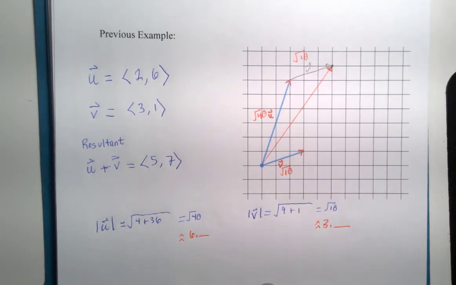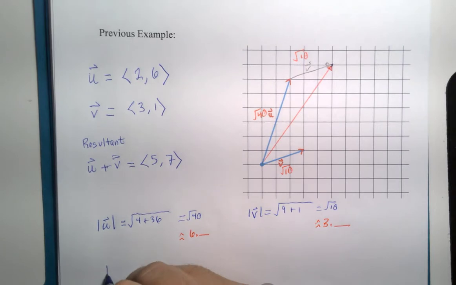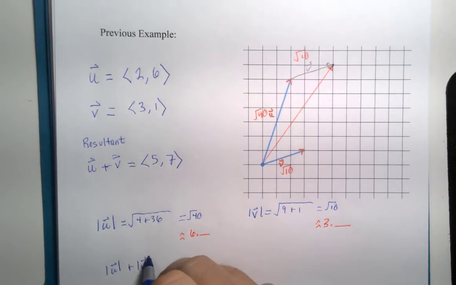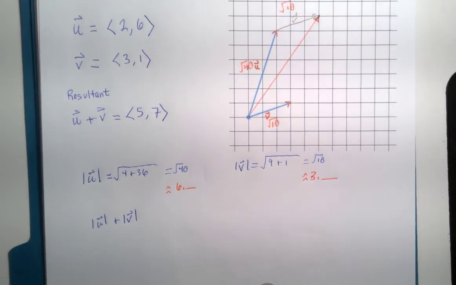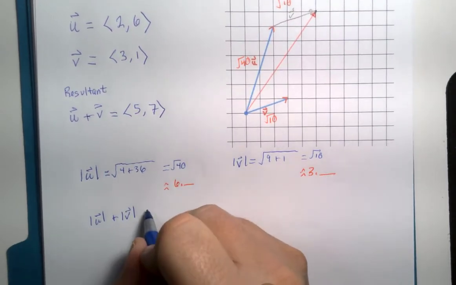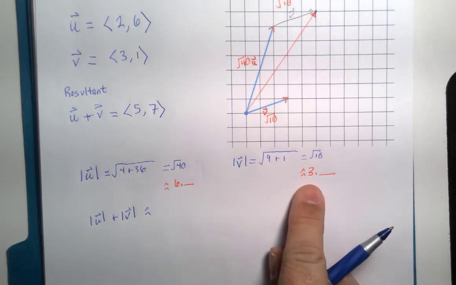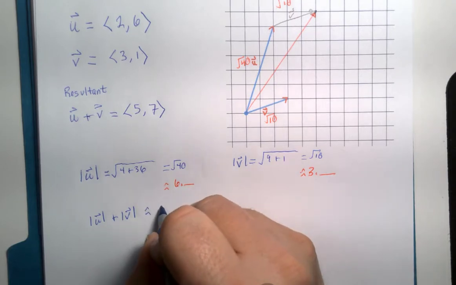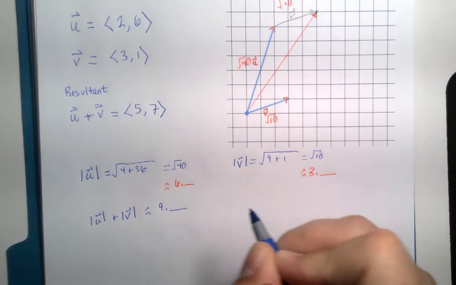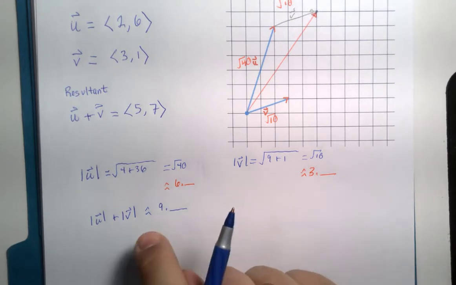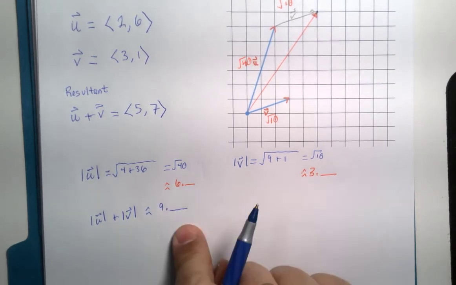And if we were to add those two magnitudes together, we would have a value that's at the very least bigger than 9. I guess it's possible that it's larger than 10 also. I'm going to call it 9 point something, because I really do think it is 9 point something. But without a calculator, I can just do a quick little approximation.